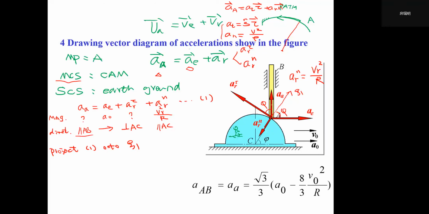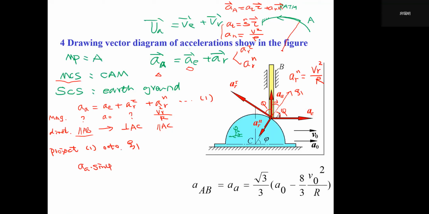We try to project AA onto this conceive 1. Let's say this angle is alpha. So AA times cosine alpha will be its component projection onto conceive 1 along the positive direction. But alpha plus phi equals 90 degrees, so cosine alpha will equal sine phi. So the left side will be AA times sine phi.